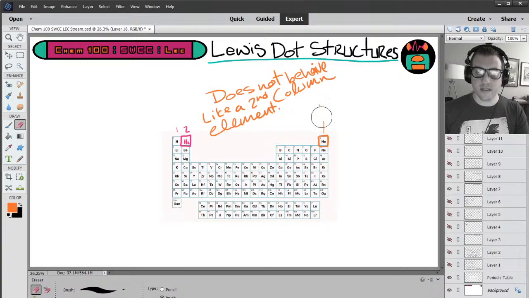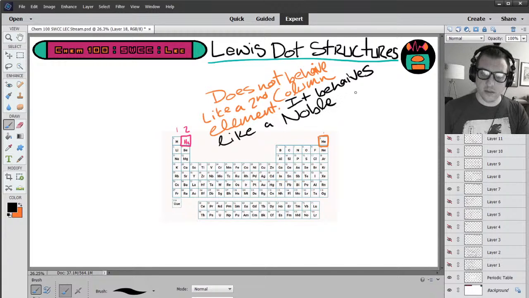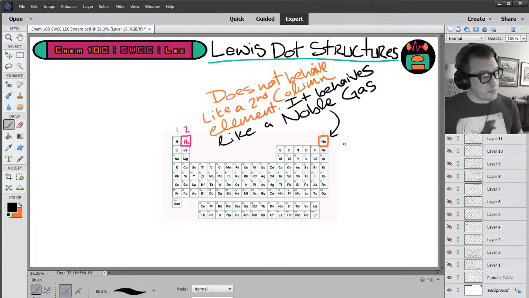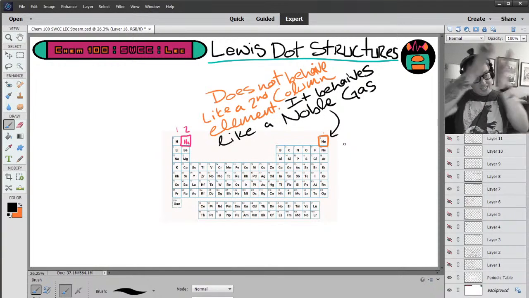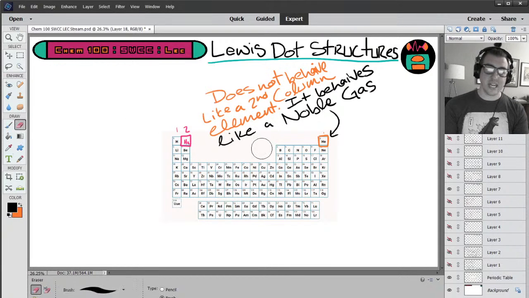It behaves like a noble gas. Because it's stable, like a noble gas, because its reactivity, its behavior is similar to a noble gas, it ends up getting placed in that last column, even though its electron count doesn't match up.